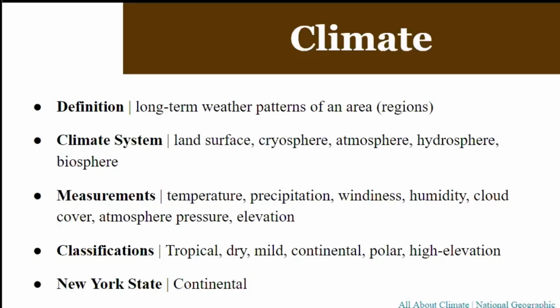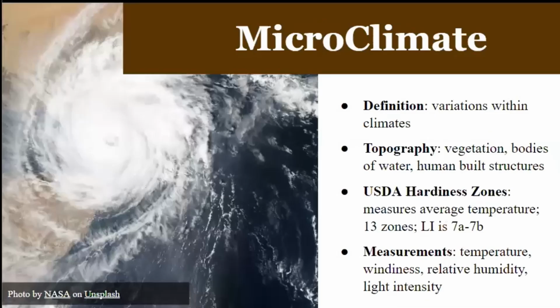But New York State is continental, basically, if you're thinking about that larger climate. Within that, there can be so many additional smaller differences within an area. Where I am near Rochester is definitely very different microclimate-wise than where you are somewhere on Long Island, or even in New York City. It's a totally different climate there.